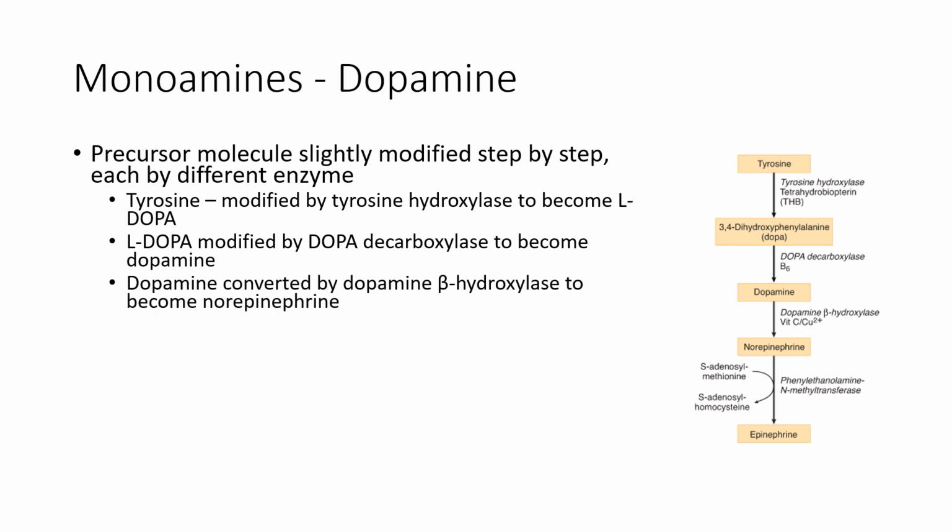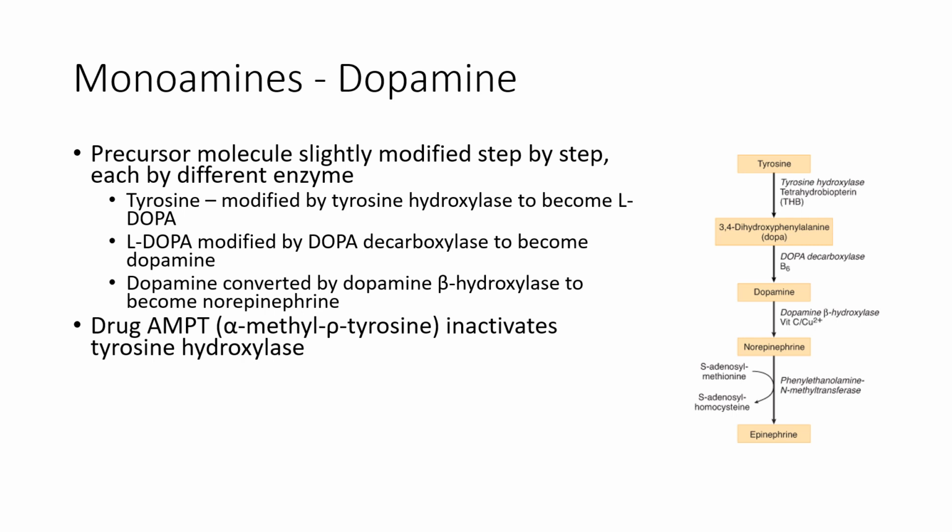Now from there, dopamine can be converted into norepinephrine, and norepinephrine can then be made into epinephrine. There are drugs that interact with this whole system. For example, the drug AMPT basically inactivates tyrosine hydroxylase. And we can see along the timeline here on the right, that's going to deactivate this right here.